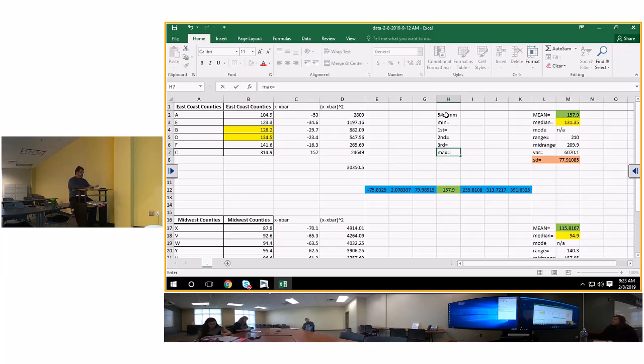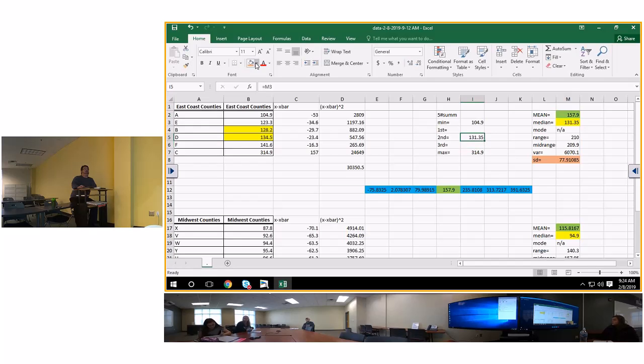Max. And of course, you got the max. The max is equal to that number. The min is equal to that number. And the second is equal to what?